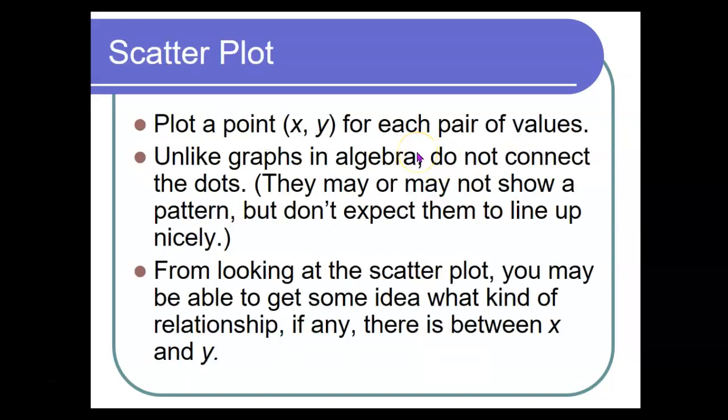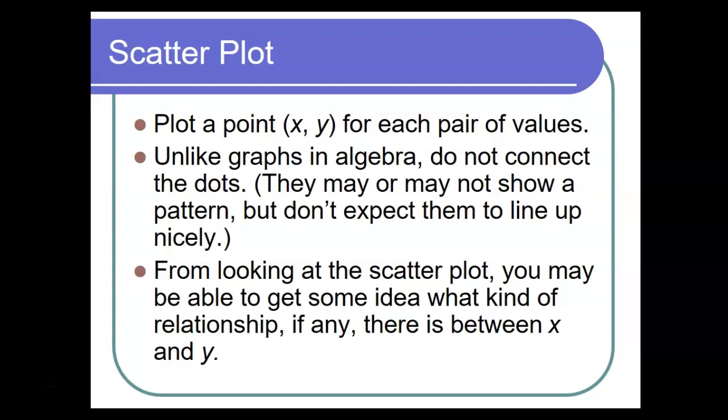To make a scatter plot for a set of data like this, you would plot a point, X, Y, for each pair of values. Now, if you're used to drawing graphs in algebra where you graph an equation, you may be thinking about, okay, once you plotted the points, you draw a line or a curve through them. But here, don't connect the dots.